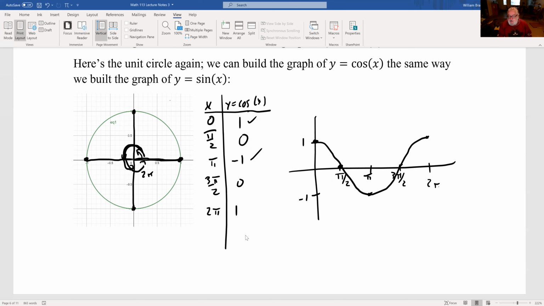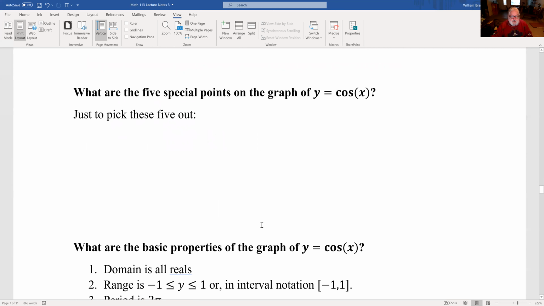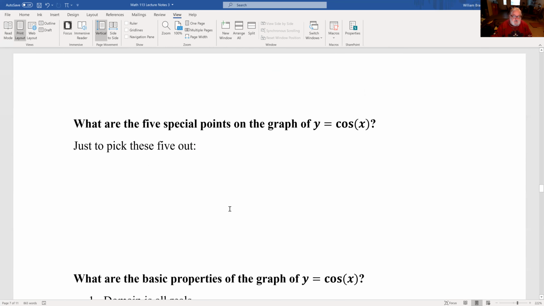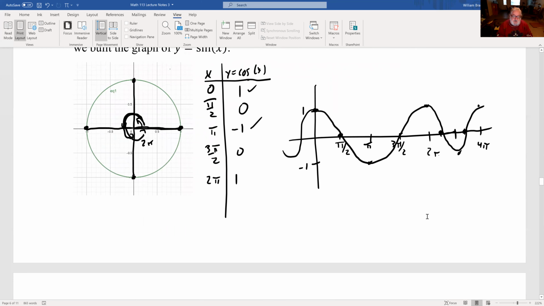And then if you go out to 4 pi, same deal, you cut it in half, cut each of those halves in half: positive, 0, negative, 0, positive. Slightly different pattern than sine, and it continues off to the left. So there's our basic graph of cosine of x. That's what I just did, the 5 special points. That's these.